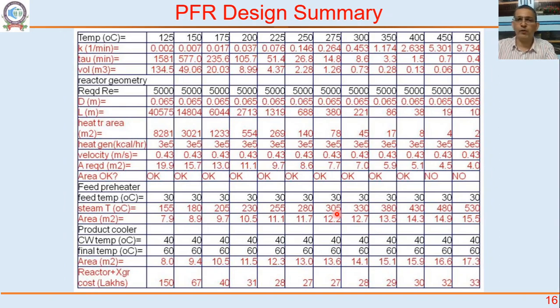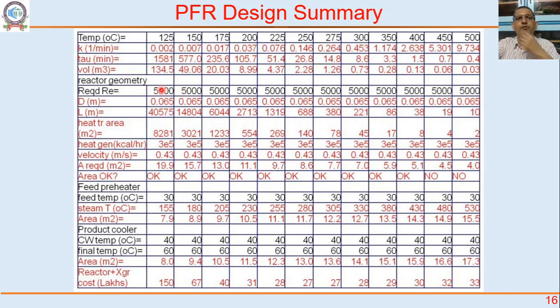If you think about a plug flow reactor, let's say we take different temperatures, different rate constant correspondingly. Residence time will come down, rate constant is increasing, reactor volume will come down. Now what do we need?